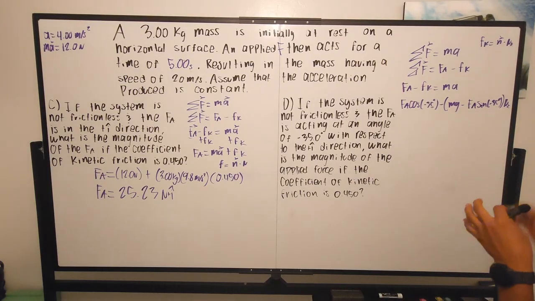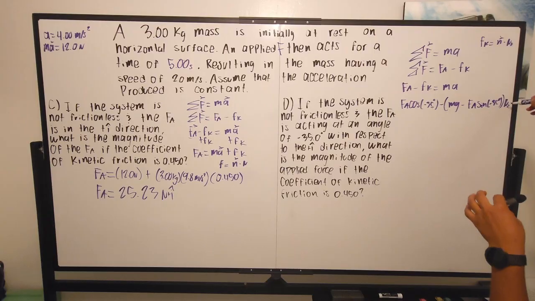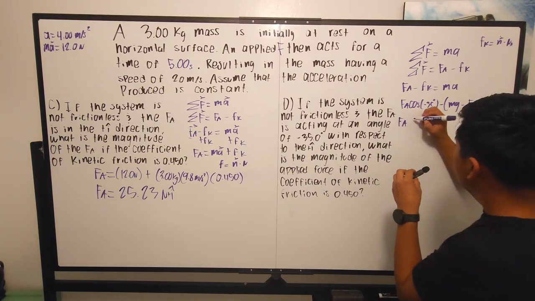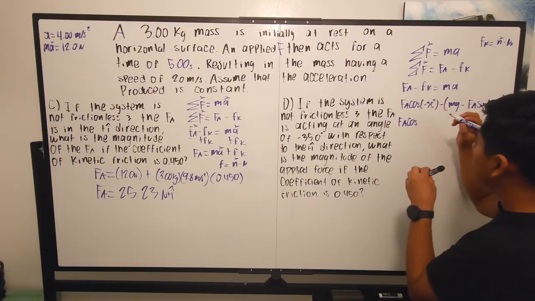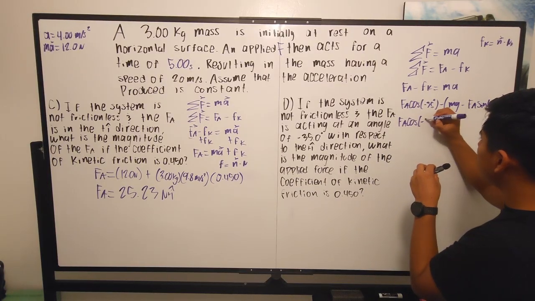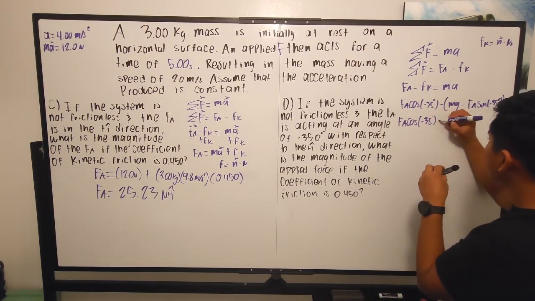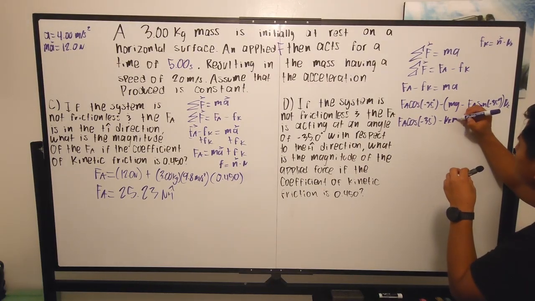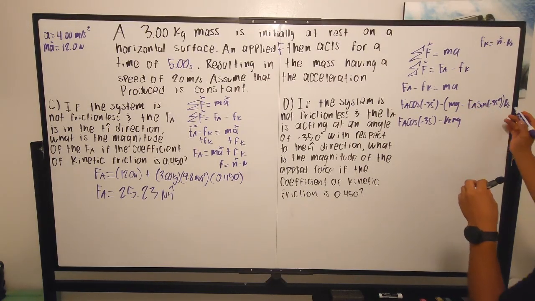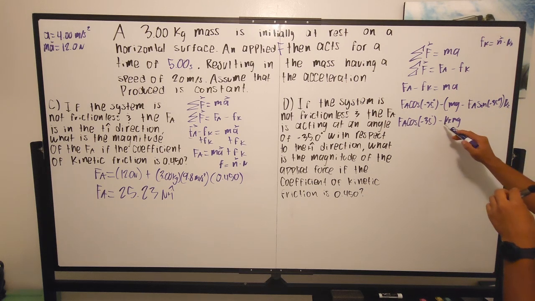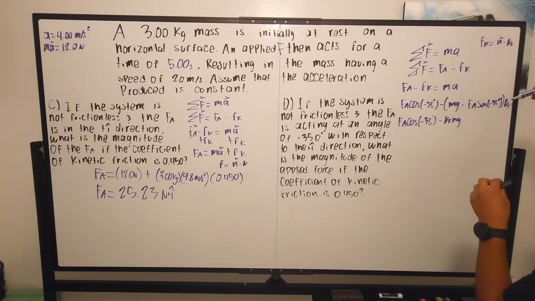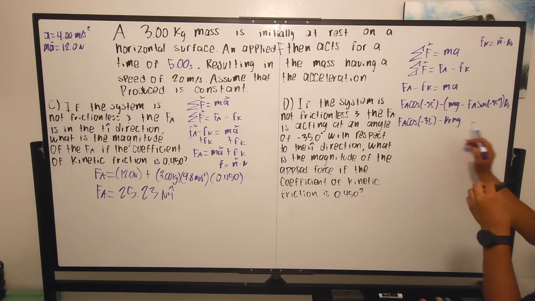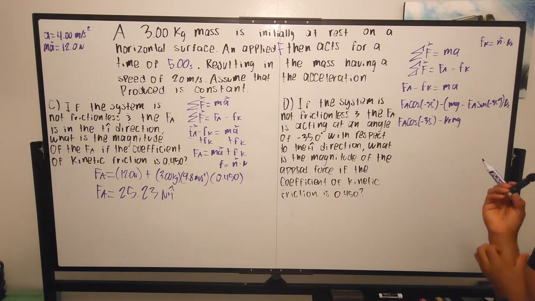So before I do anything else, I'm going to distribute this coefficient of friction. We are going to have the force applied is the applied force times the cosine of negative 35 degrees minus the coefficient of kinetic friction times mg, and this is going to be minus, and then when I distribute this, I should have put this in the front so it would make more sense.